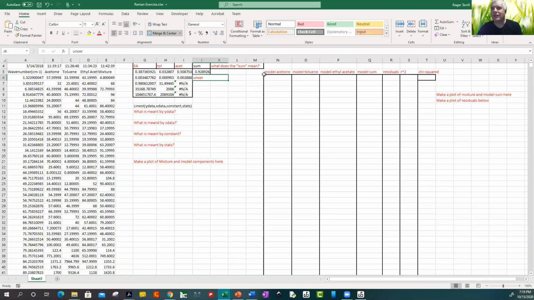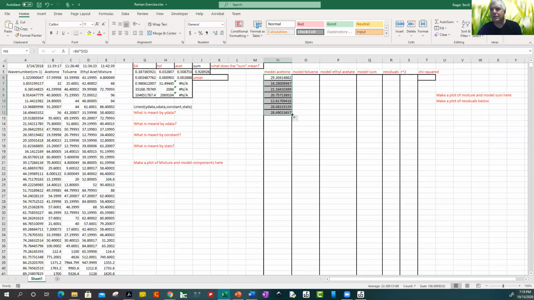And then the model acetone will equal the acetone times the acetone coefficient, but you need dollar signs on this. $I, $5, right? Do the same with the other ones.